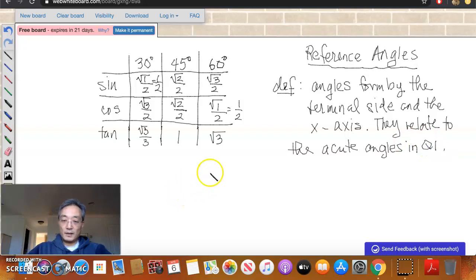Okay, so basically these are angles formed by the terminal side and the x-axis.